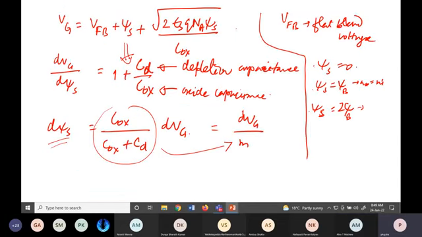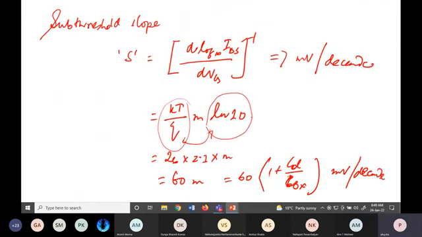COX is contained in this factor M, which I didn't neglect. So I meant the 1 plus CD over COX factor.